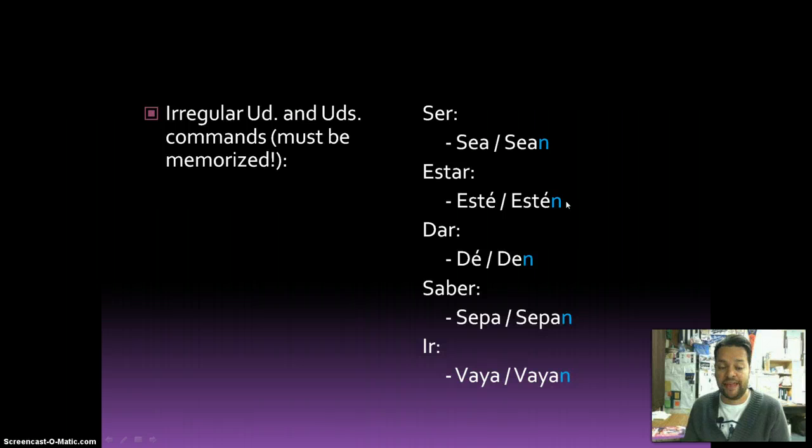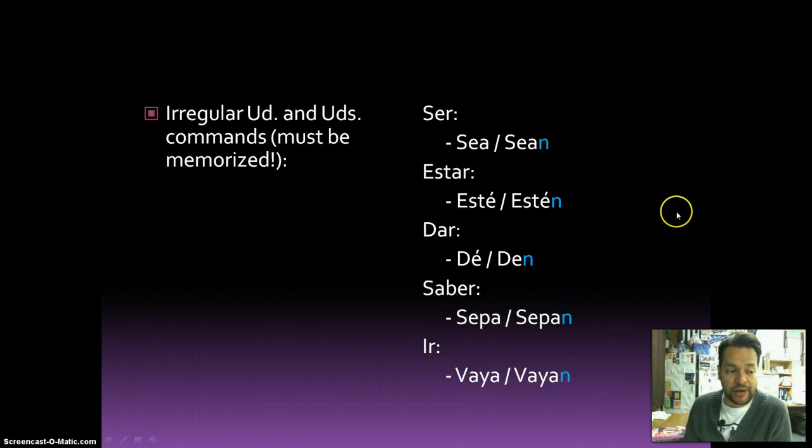Estén for ustedes. For dar, you say dé for usted. Den for ustedes. Saber, you say sepa for usted. Sepan for ustedes. And then finally for ir, you say vaya for usted. Vayan for ustedes. All right, and those are the irregular ones.